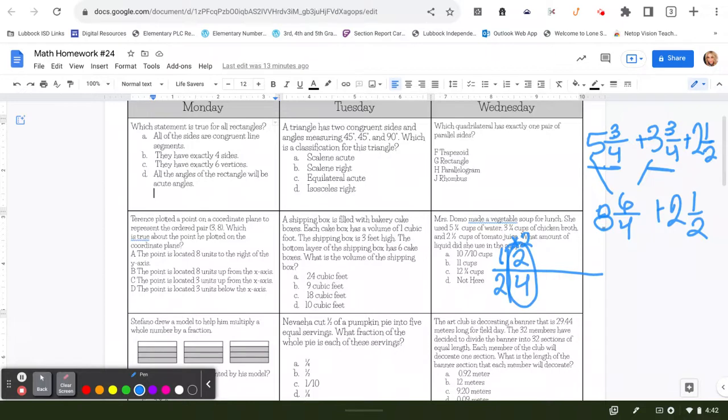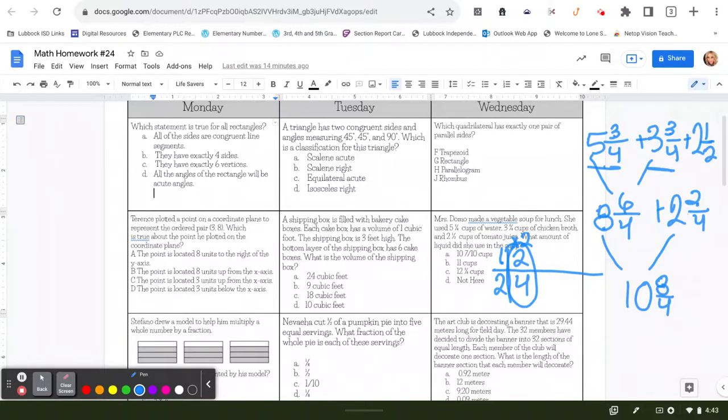Okay, so now I'm going to add 8 plus 2 gives me 10. I forgot to rewrite my problem before I started, so I'm just going to erase that there. Okay, this should be 2/4. Okay, so now I'm going to add 6/4 plus 2/4 gives me 8/4.